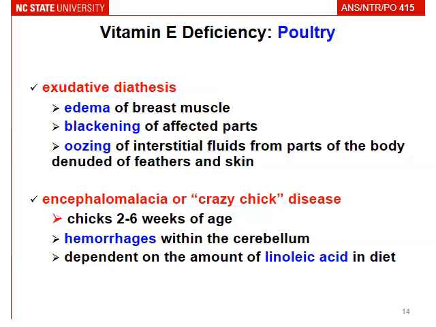The amount of vitamin E that it requires is very much dependent on the amount of linoleic acid. As you remember, our polyunsaturated fats determine how much vitamin E we require. So if we have a lot of polyunsaturated fats, we're going to have a higher vitamin E requirement.